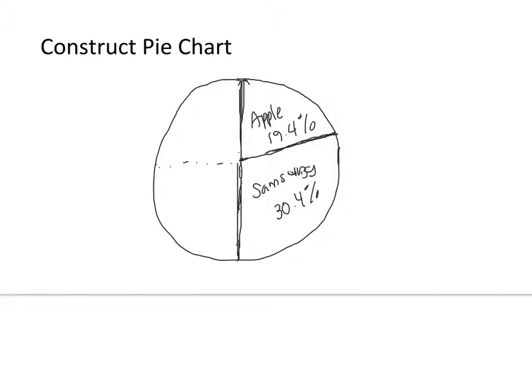Right. And then finally, Nokia is at 5%, so it's going to be about like this here. So I might put Nokia there at 5%.